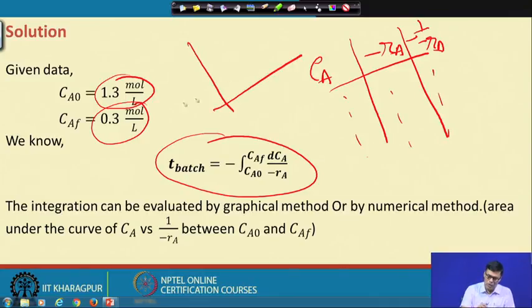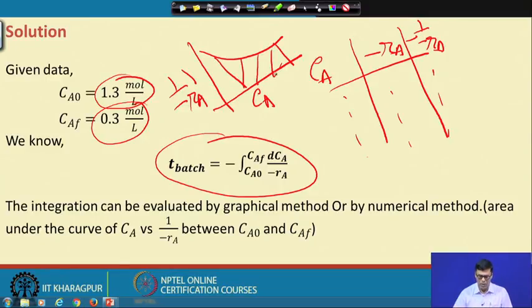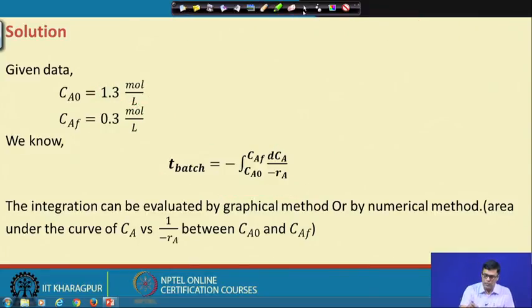Then you can plot minus Ra versus Ca. If we have this plot, you can easily calculate the time required for the batch process.